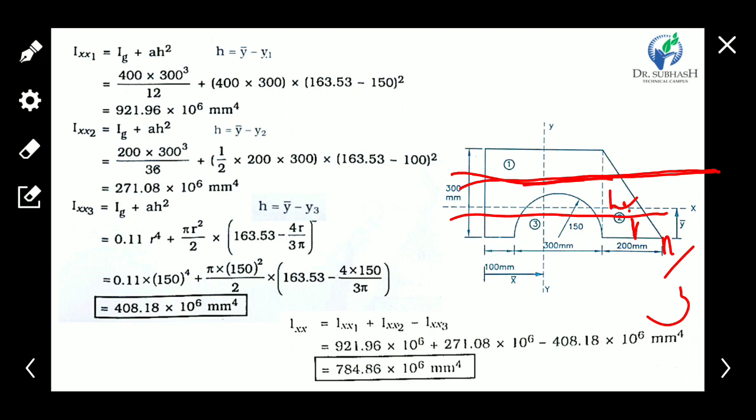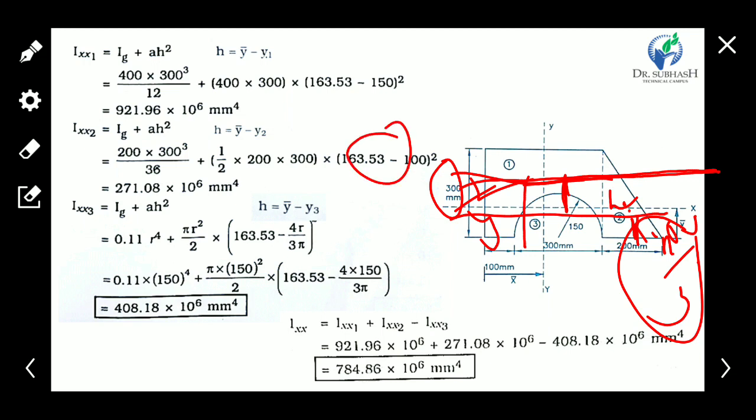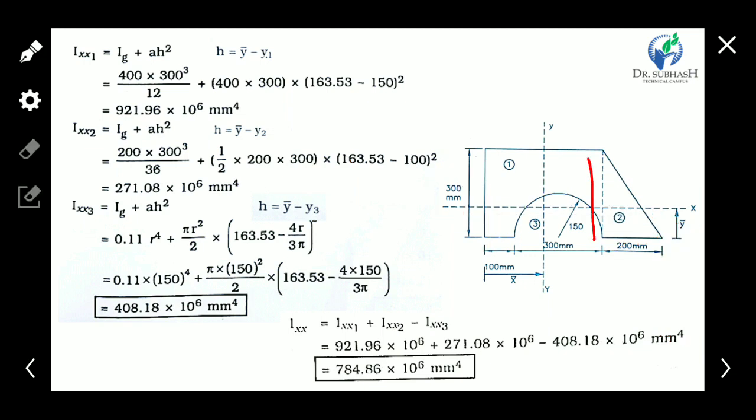h by 3 means h is 300 by 3, which is 100. This distance is h by 3 and this total distance is y bar. So from the y bar value we subtract the h by 3 distance, then we get the distance between these two CGs. The y bar value is 163.53 minus h by 3, and here h is 300.